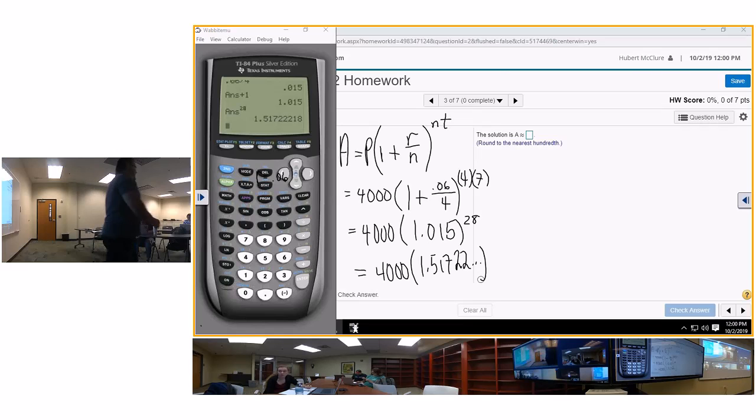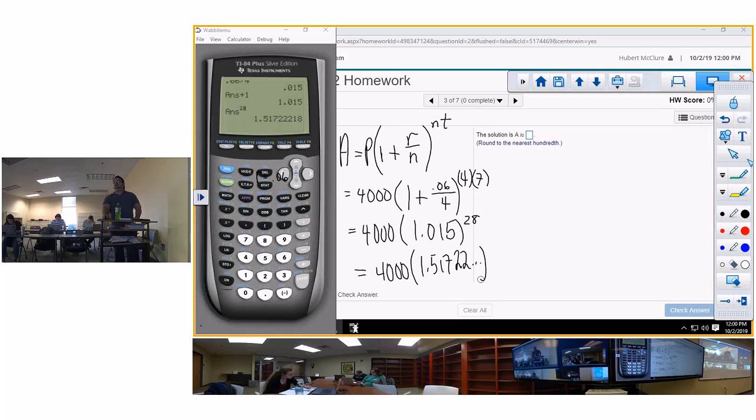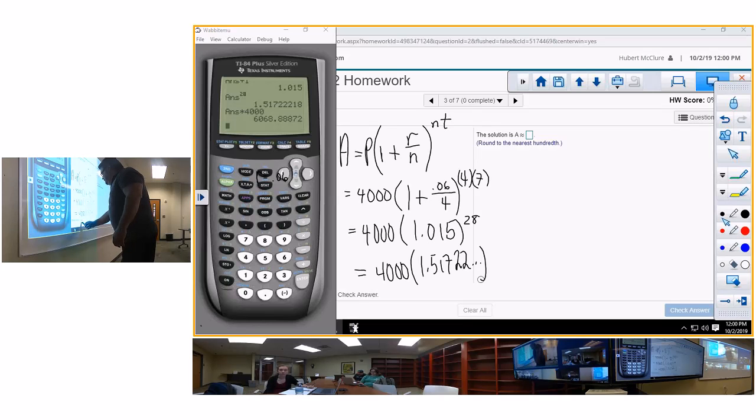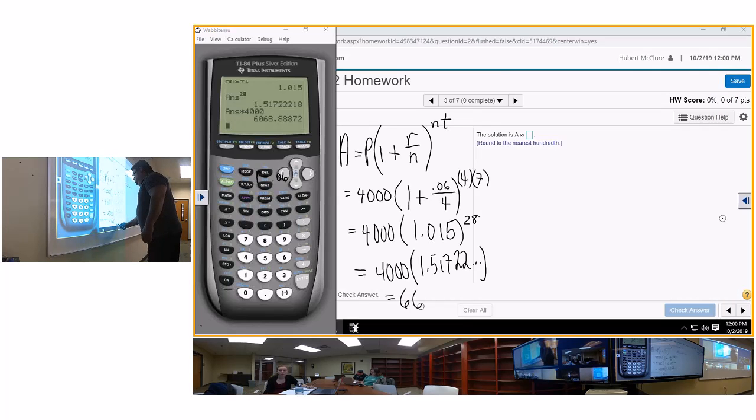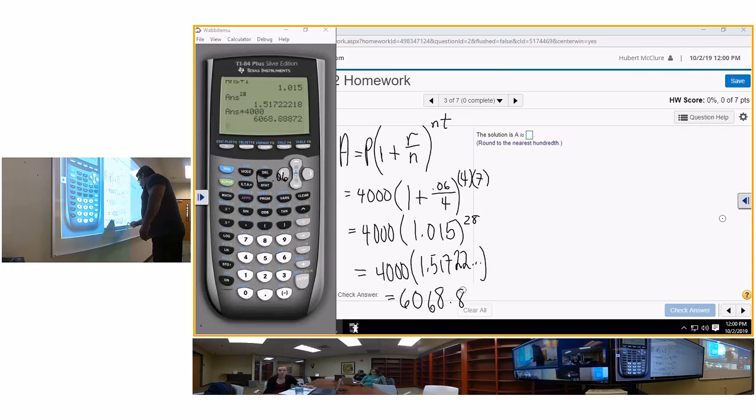Now we're going to multiply that by what? 4,000. And that's your answer. Now what does that mean? So at the end of 7 years, what do you have in the bank? Not 4,000, but what? $6,068.89. There's rounding in there. 89 cents.